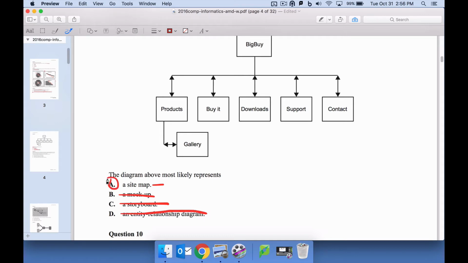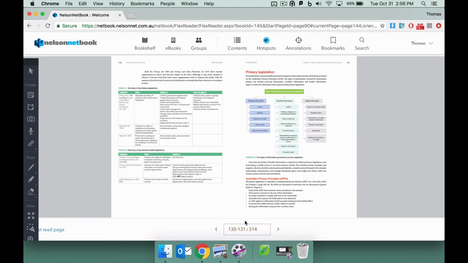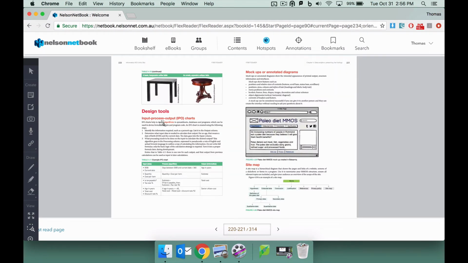We can have a look at those in our book. For question 9, that's page 221 in our books, which shows us design tools. So we have a few design tools here which you'll have to be aware of going into the exam. So the IPO charts, input, process, output, the mock-ups or annotated diagrams, which are very rough layout diagrams used in the design stage.